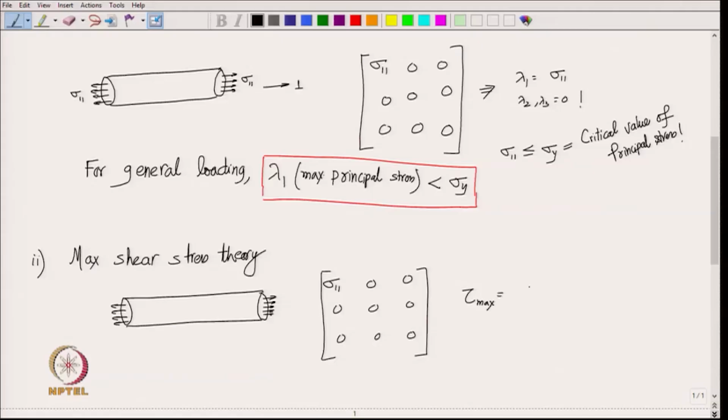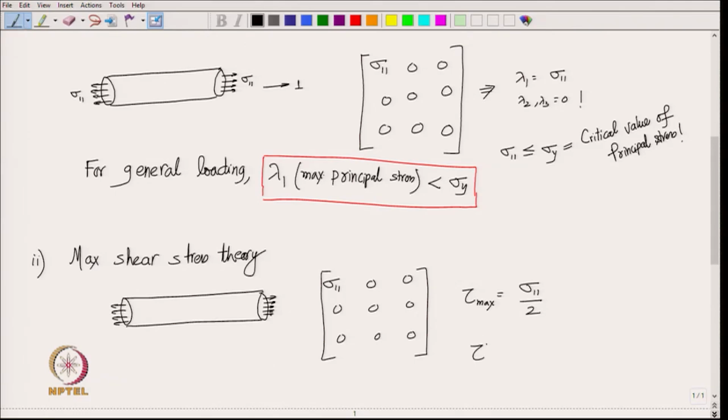So, what is the maximum shear stress? That is lambda 1 minus lambda 3 by 2. So, for this particular case tau max is simply sigma 11 by 2, correct. And then when the failure has happened, sigma 11 was equal to sigma y, right. So, what is the maximum shear stress limit?